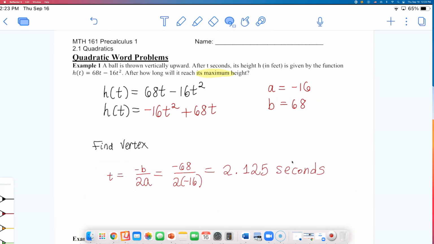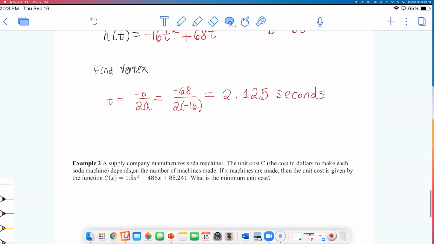Again, the hint is whenever a quadratic word problem is asking you for a maximum or minimum value, find the vertex. And the reason that I stopped here is because I found what I needed. I found after how many seconds it will reach the maximum, or the vertex. But the next one, we have to do just one more step.